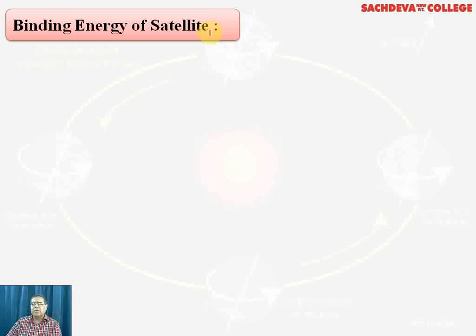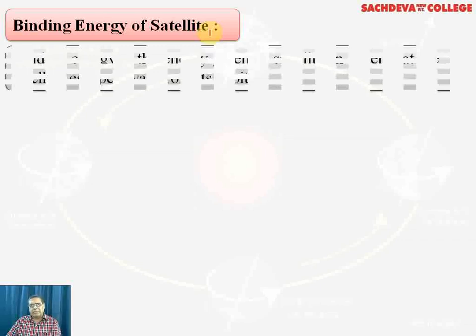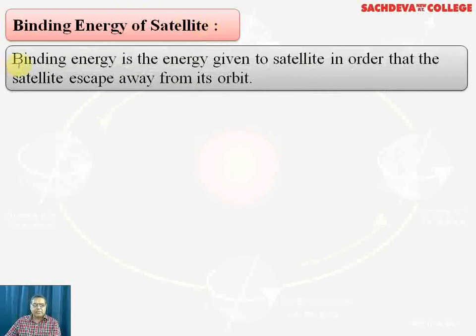It is found by calculation that the escape velocity of the satellites from the circumference of Earth is nearly 11.2 kilometers per second. Now let us have the details of the binding energy of satellite. Binding energy is the energy given to satellite in order that the satellite escapes away from its orbit.